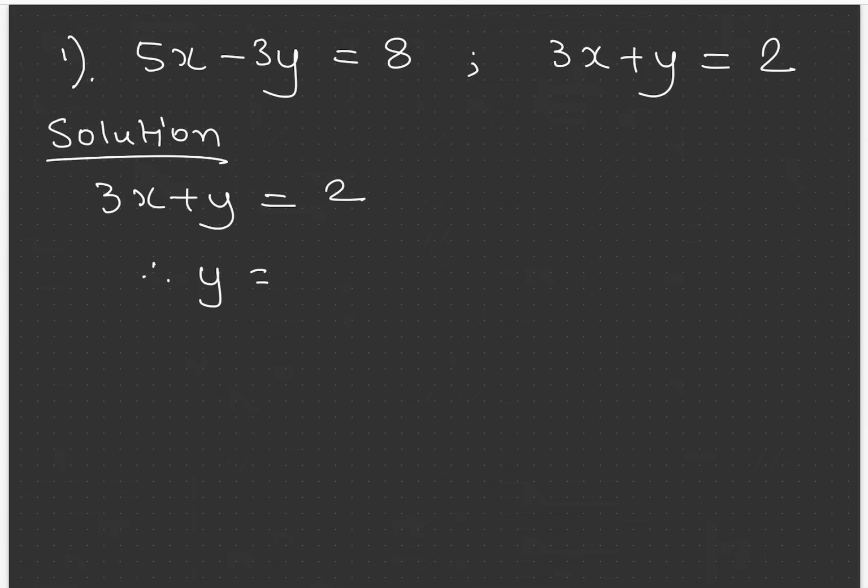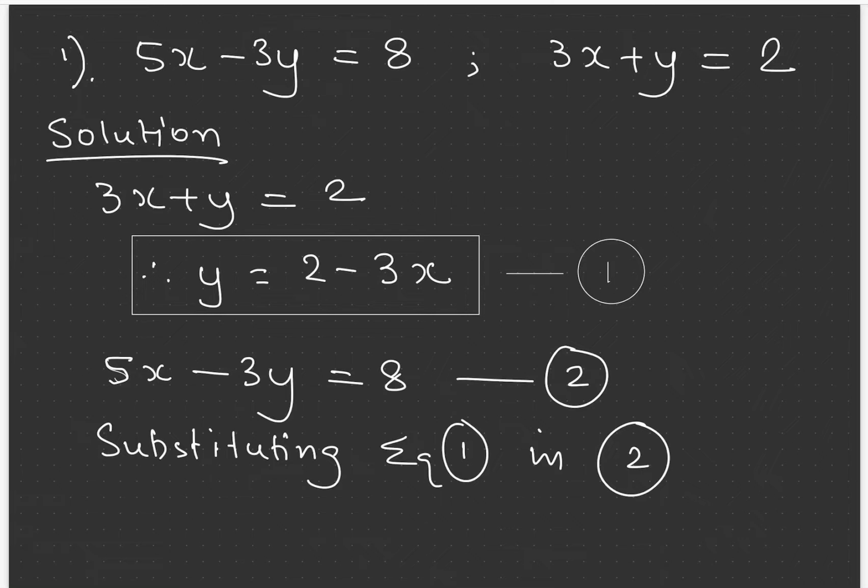I'll put that value of y from the first equation in the second equation. So when I put that value here, I get 5x minus 3y. Here there is y, can you see this y? So instead of y, I'll write 2 minus 3x, is equal to 8.